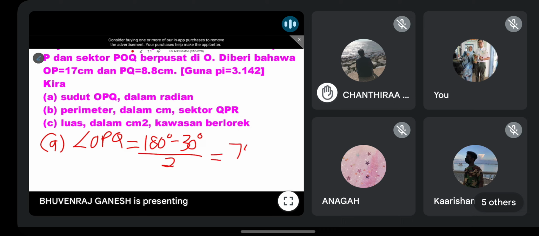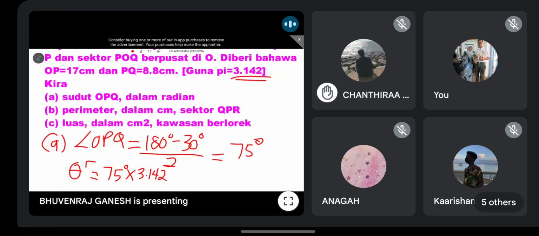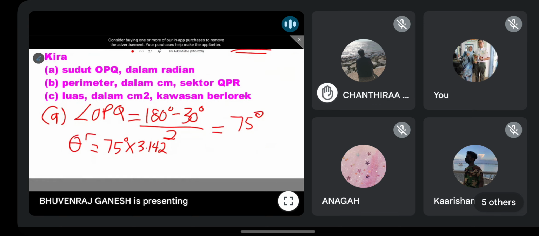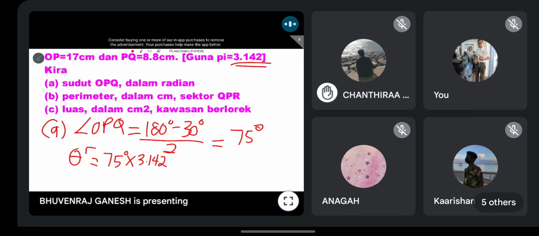Because it is segitiga sama kaki, isosceles triangle. So you get 75. Then you convert to radian. So 75 degree kali pi, divide 180. Okay, so you can press calculator, you will get 1.309 radian.